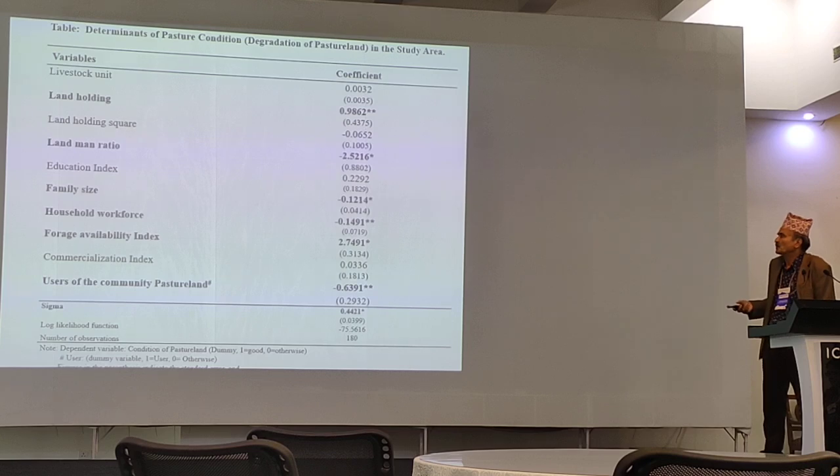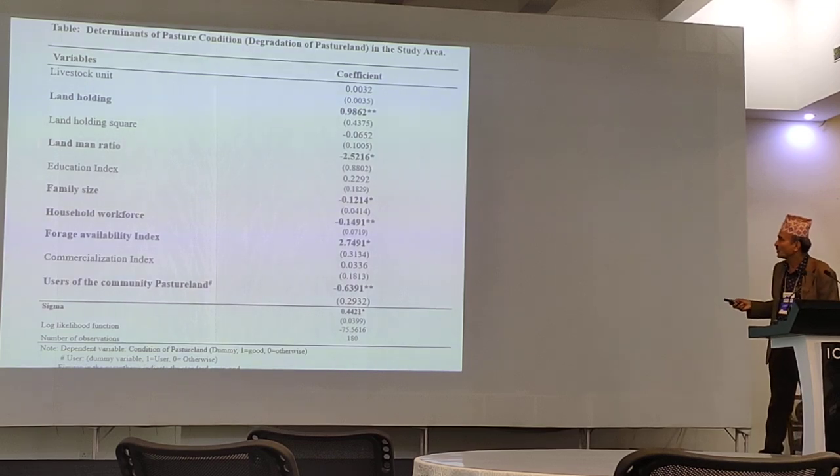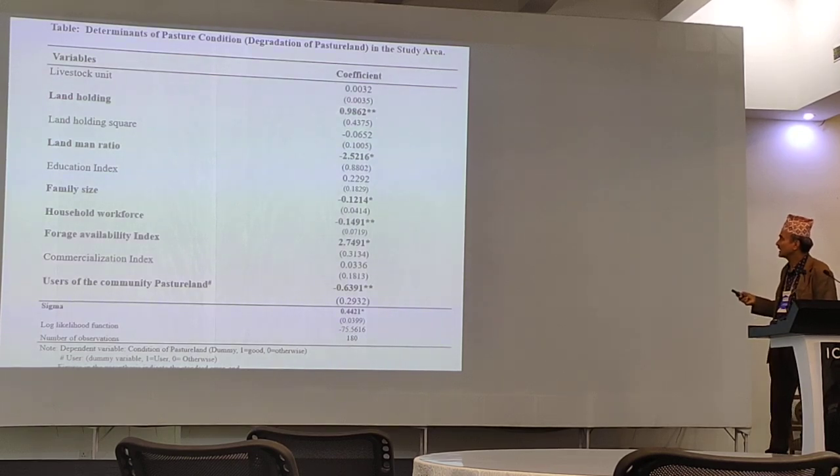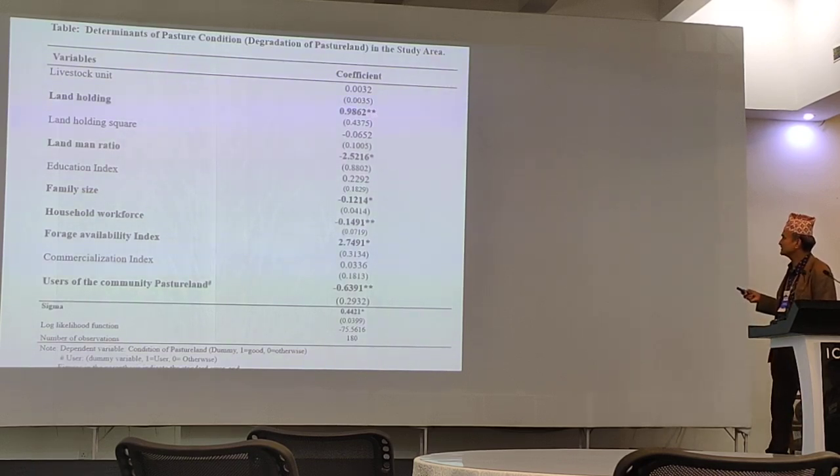Actually, to study the determinants of pasture condition, we have some variables like land holding and livestock yielding. Two stars means it is significant at the 5% level, and one star is the 1% level.